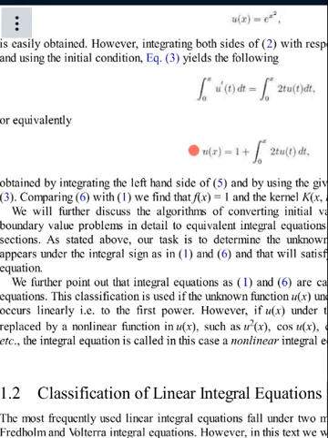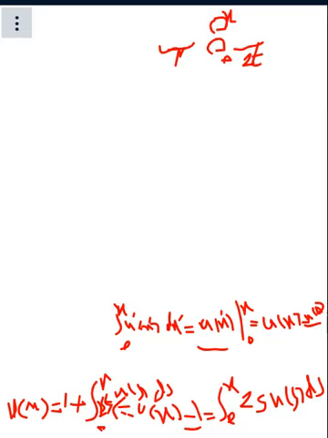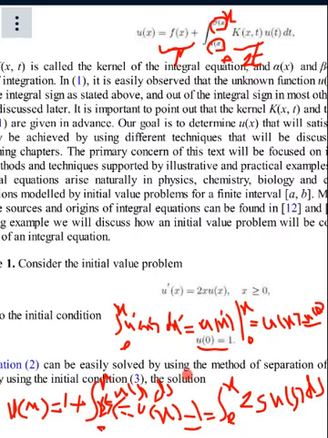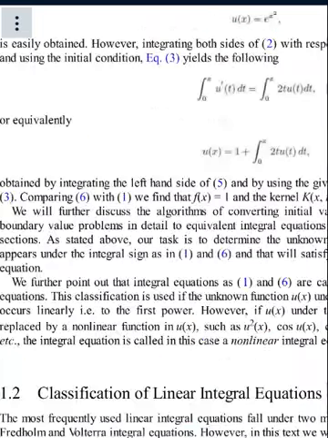For example, if you take the derivative of both sides, you will have u prime of x here. The first derivative of 1 equals 0, and for the integral part you have to use a special formula called the Cauchy formula for taking the derivative of the integral part, and you will obtain exactly this initial value problem for that integral equation.